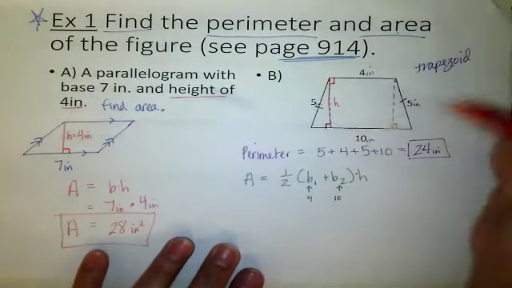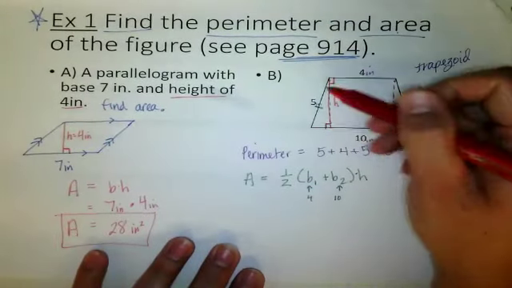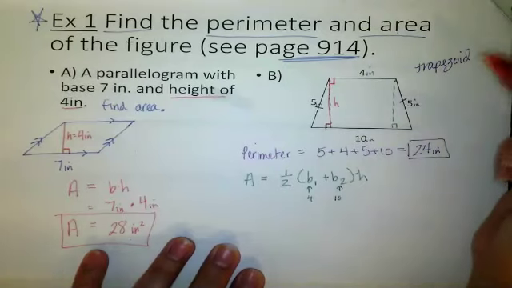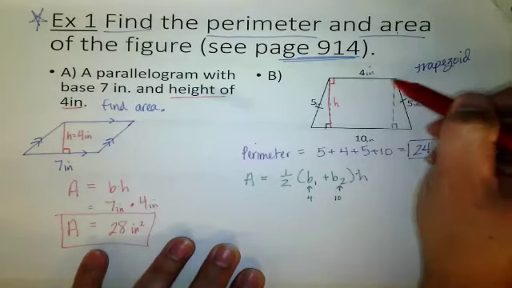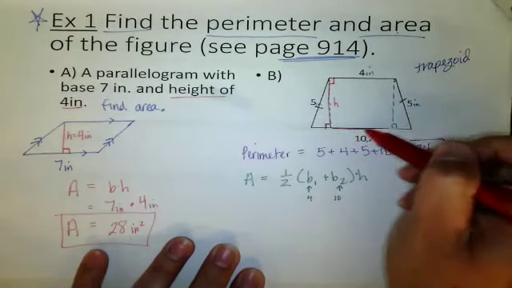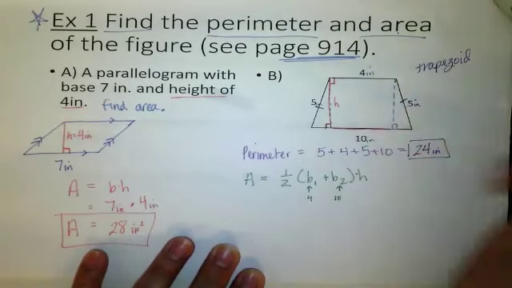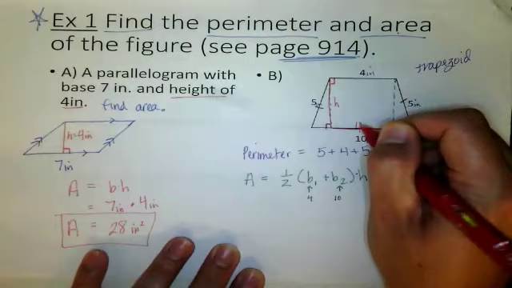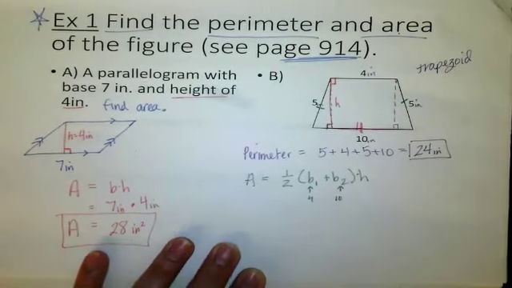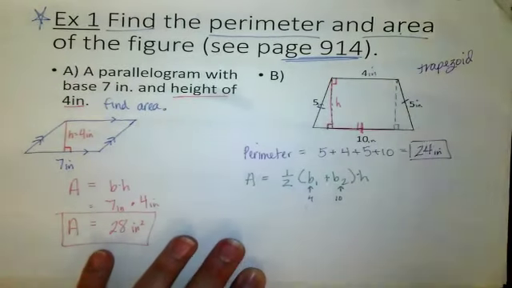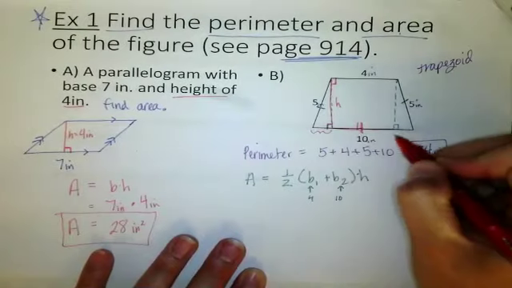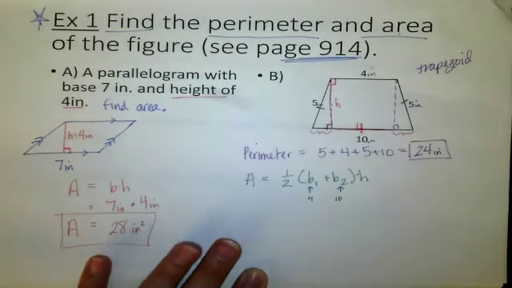So now I have this right triangle. I know up here we have a base of 4. What's this piece right here? Also 4, isn't it? Sure. Okay. So then can we figure out what this length is and what this little length is?